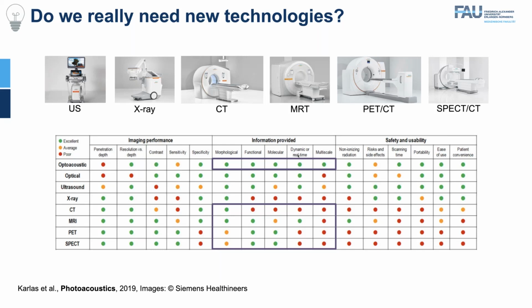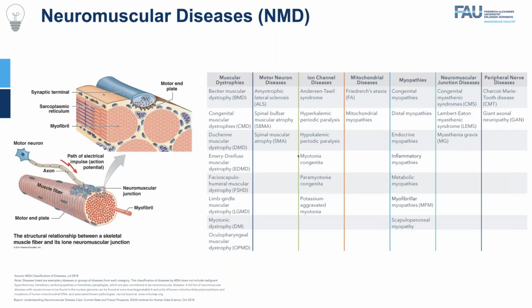For such neuromuscular diseases, and I think we have a broad audience, maybe some of you haven't heard of these diseases, it comprises very heterogeneous groups of diseases, which can either be directly related to a muscle injury or to a problem in the nerve innervating the muscle.